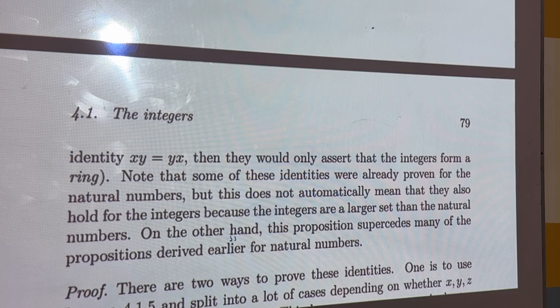You can prove them actually, not difficult, because the integers are a larger set than the natural numbers. On the other hand, this proposition supersedes many of the propositions derived earlier for natural numbers. They supersede them, it goes to a higher level.